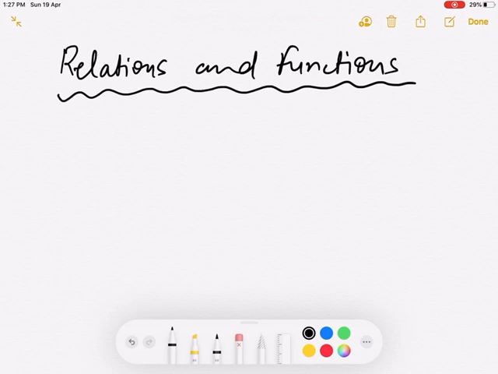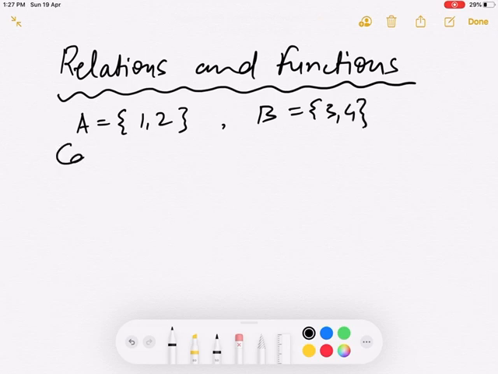Now let us say we have two sets, set A containing two elements 1, 2, and another set B containing the elements 3, 4. Then in class 11 we had defined the Cartesian product of these two sets. Now what was the Cartesian product?